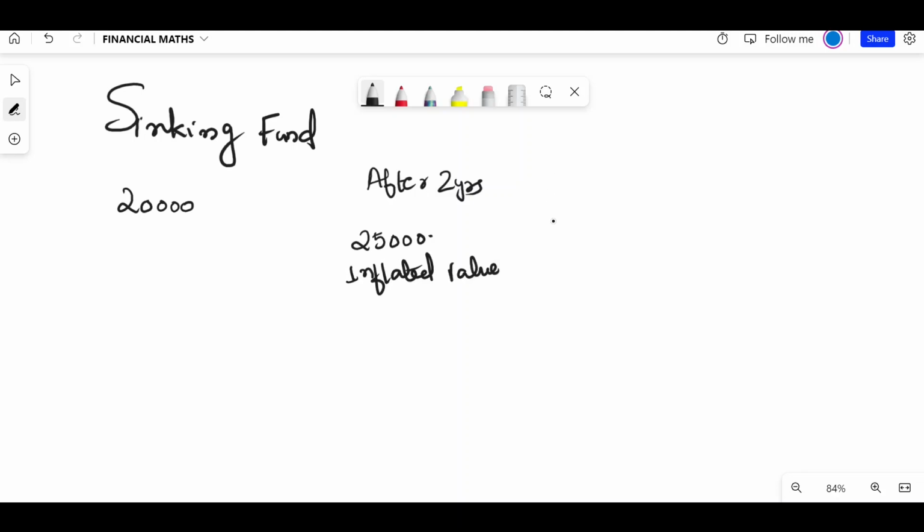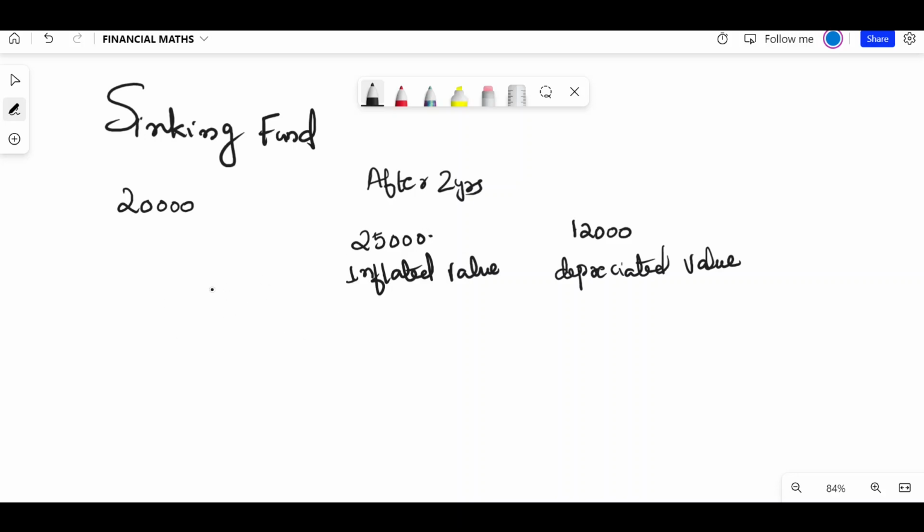Now you can also sell this cell phone after 2 years. Suppose you get 12,000 when you sell it. That value is called the depreciated value. A sinking fund is set up now, it starts now, and goes on up to 2 years.